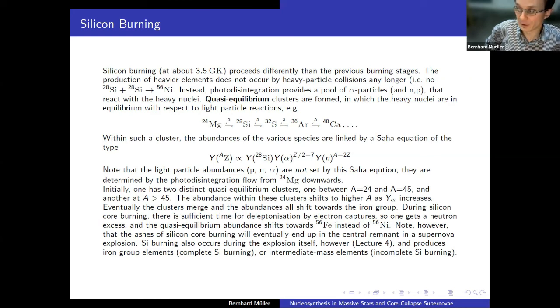From the light curves, you can measure how much nickel-56 they produce, which of course will not come from the pre-supernova nucleosynthesis. The nickel-56 is all made during the explosion.